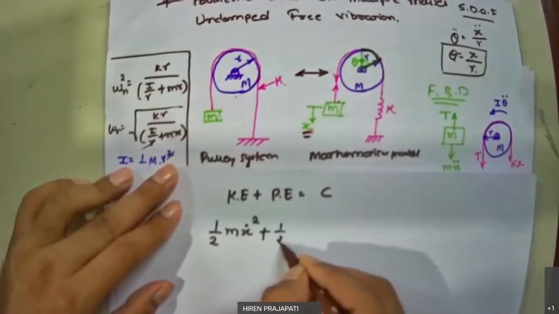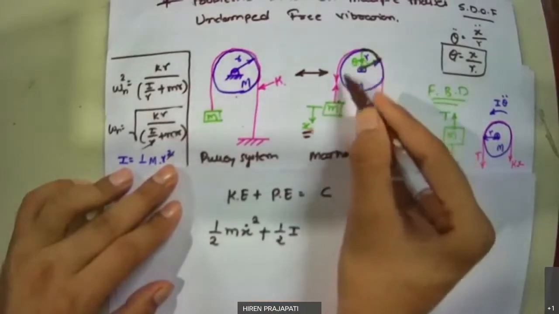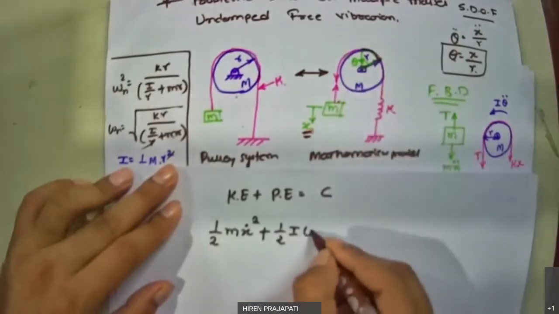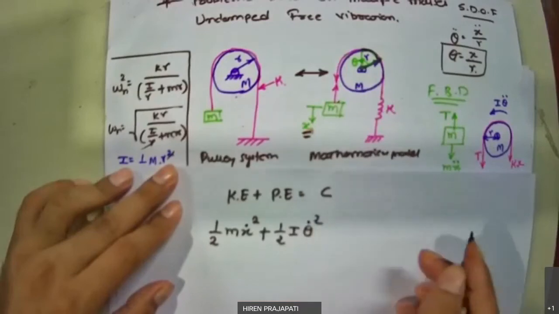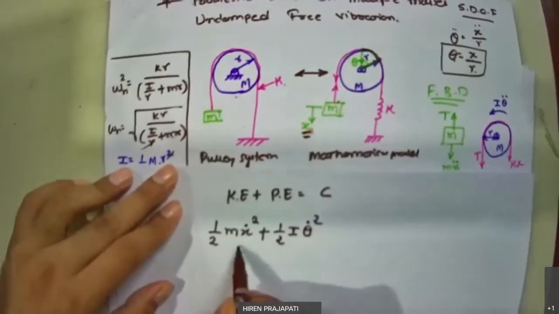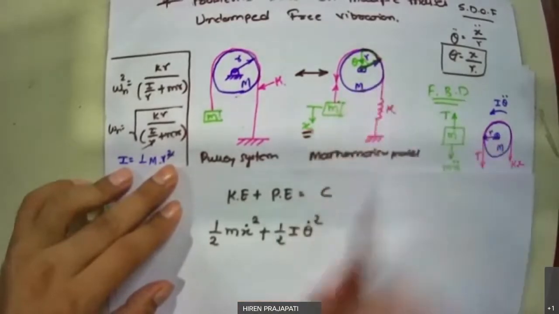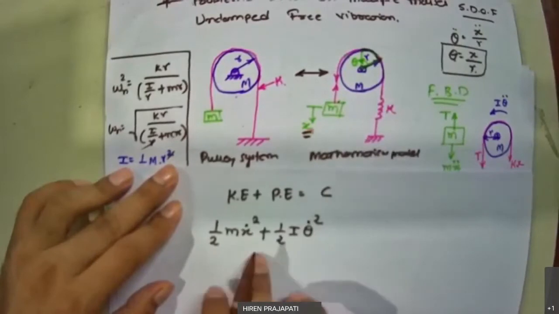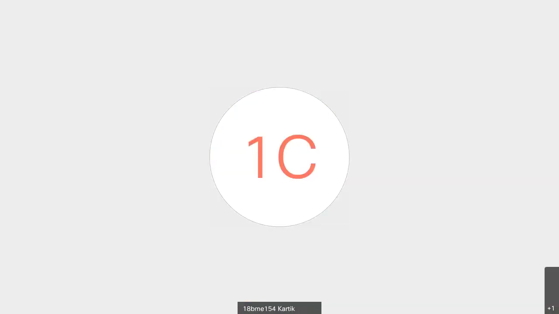So 1 half, now m is replaced by I, the mass moment of inertia of this disc, into rotating velocity, so theta dot square. Am I right, Karthik? So these are the two kinetic energies, because we are having two masses. So that's why we have written these two kinetic energies. I hope it is clear. Yes, sir. Okay.